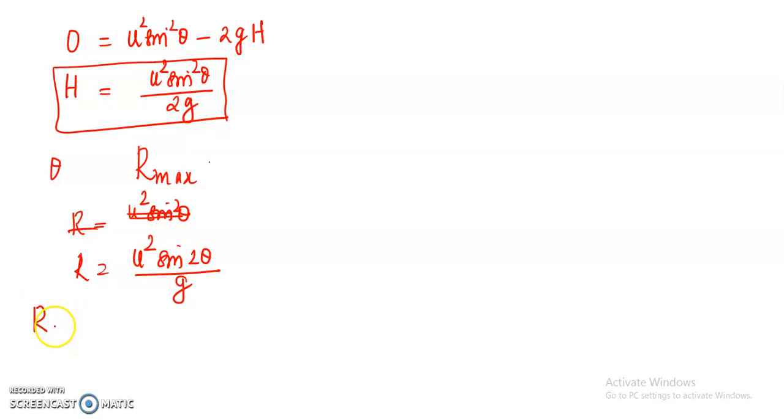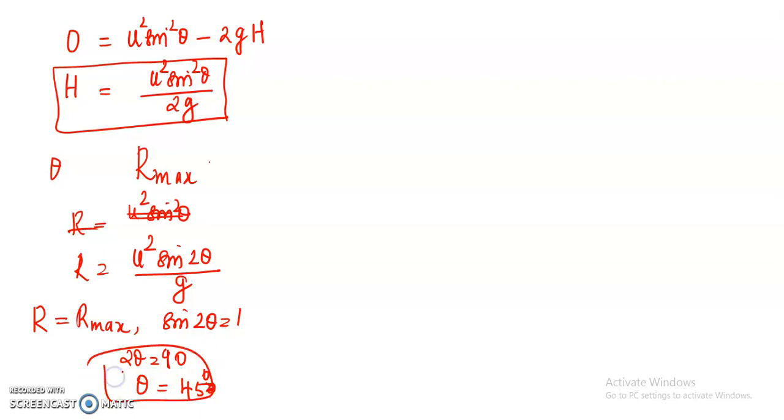When we need R equal to R max, the only varying parameter with theta is sin 2 theta. We need sin 2 theta to be equal to 1 because the maximum value of the sine function is 1. When sin 2 theta equal to 1, 2 theta equal to 90 degree, or theta should be equal to 45 degree. So in order to attain maximum horizontal range, we need to project the particle at an angle equal to 45 degree.